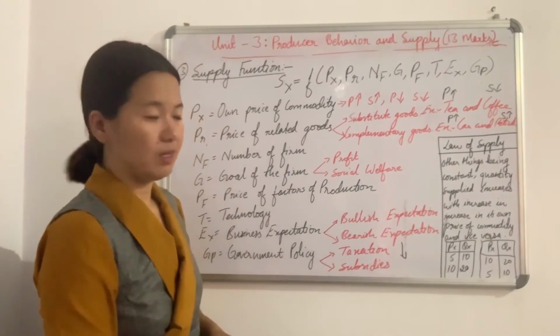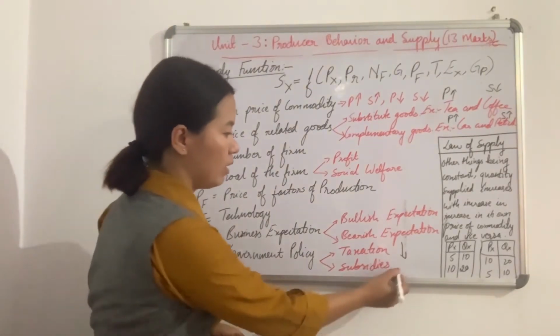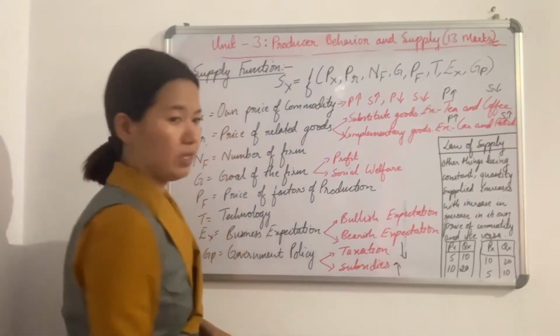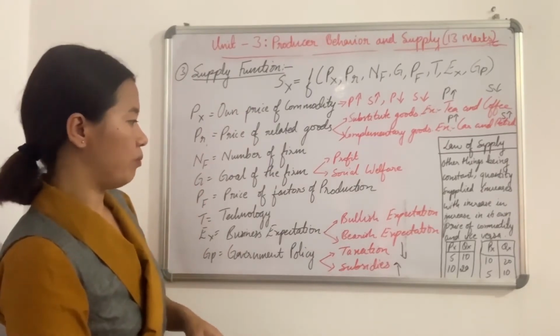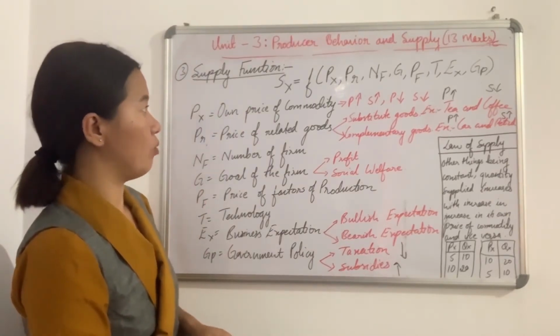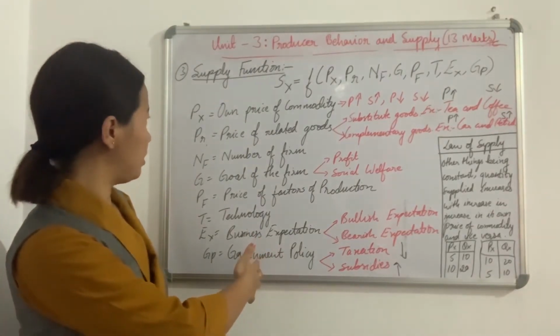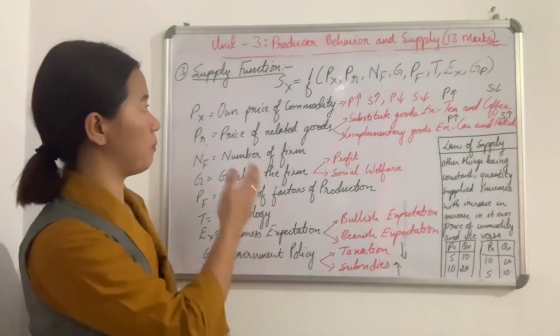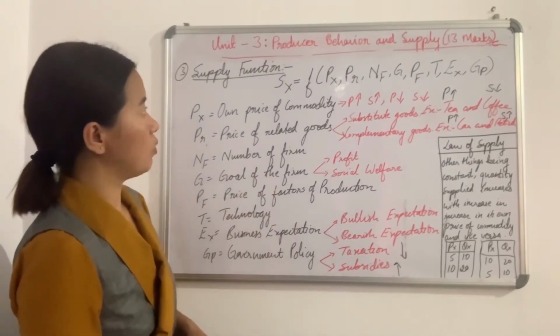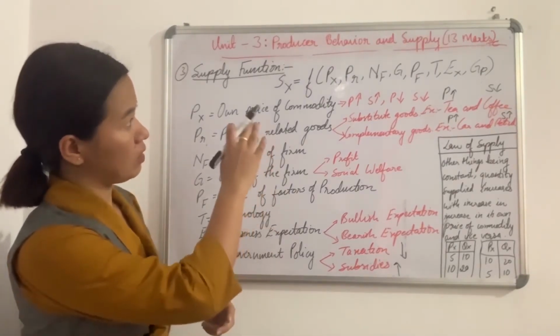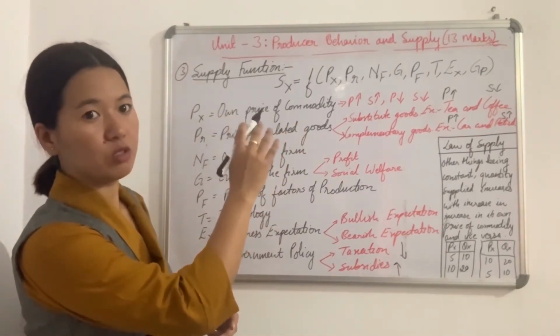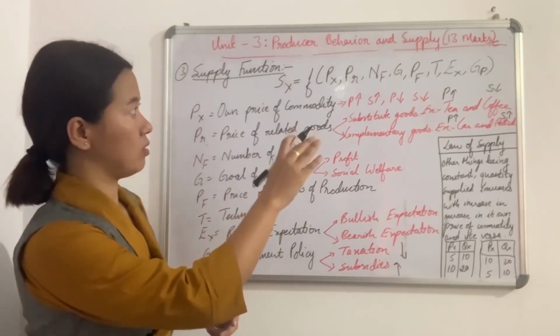And when there is a subsidy given by the government, then his supply would increase. This is how the government policy affects the supply of a commodity. So these are the various 8 determinants which affect the supply of a commodity. That is, the first one is the price of the commodity itself, and the remaining are called together as other factors.